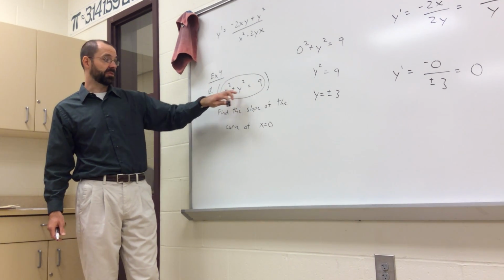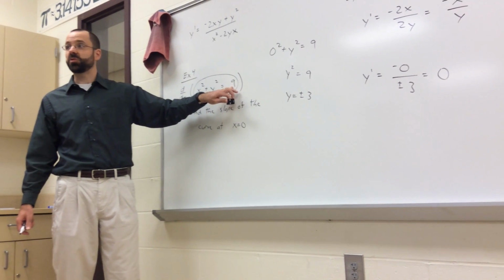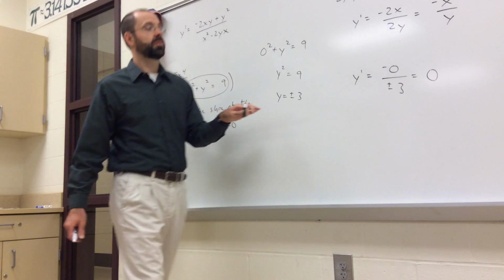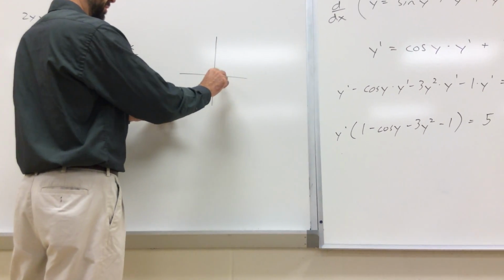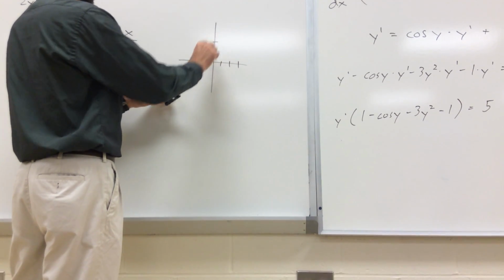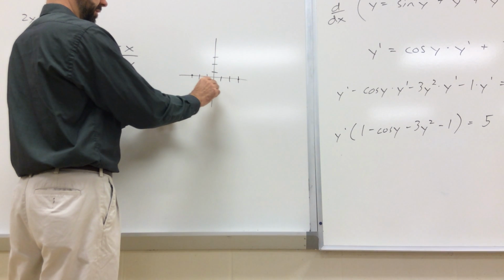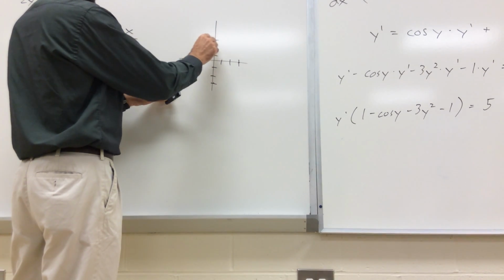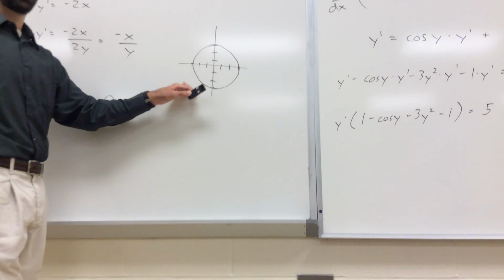So the center of this circle is 0, 0, and the radius is 3, because that's the square root of 9. So I know it goes out to here, and up to there, and out to there. So there's what the circle looks like.